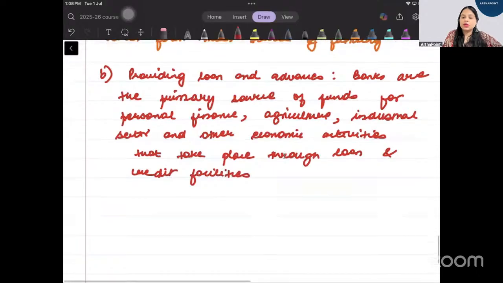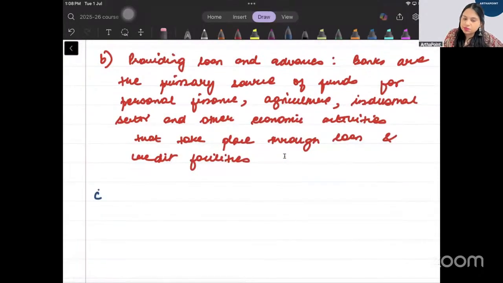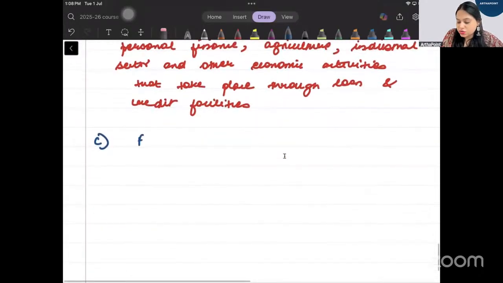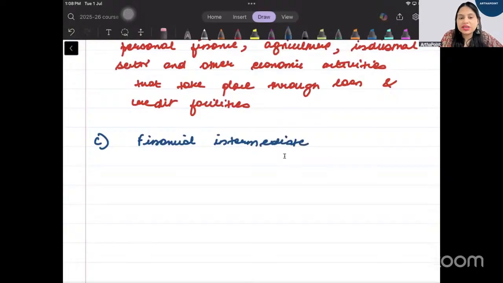ठीक है बेटा? Okay बेटा, third part, financial intermediation. तो अब डिपॉजिट ले लिए, लोगों को लोन दे दिया, तो इससे वो क्या बन गए? एक फाइनेंशियल इंटरमीडिएरी बन गए, है ना? फाइनेंशियल इंटरमीडिएरी क्या कर रहे हैं? एक जगह से लेके दूसरी जगह पैसा दे रहे हैं और बीच में प्रॉफिट अर्न कर रहे हैं.